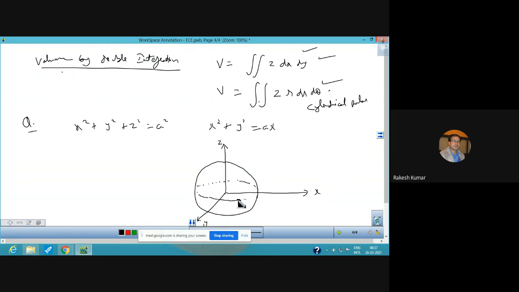So this will be the circular shape, and this is the cylinder we are going to plot. The top of the cylinder is this, and the cylinder is meeting the sphere at this circumference point.